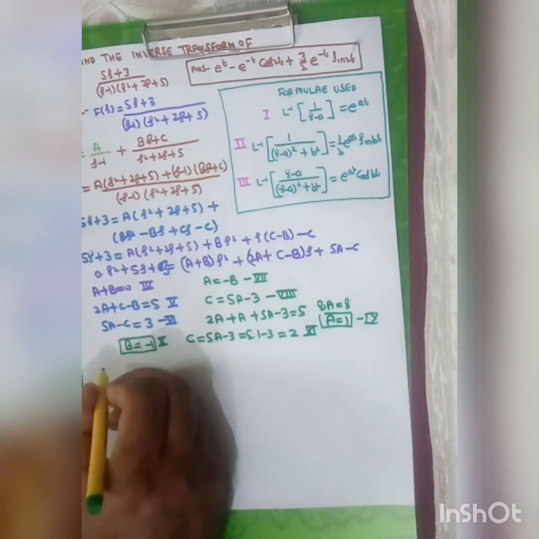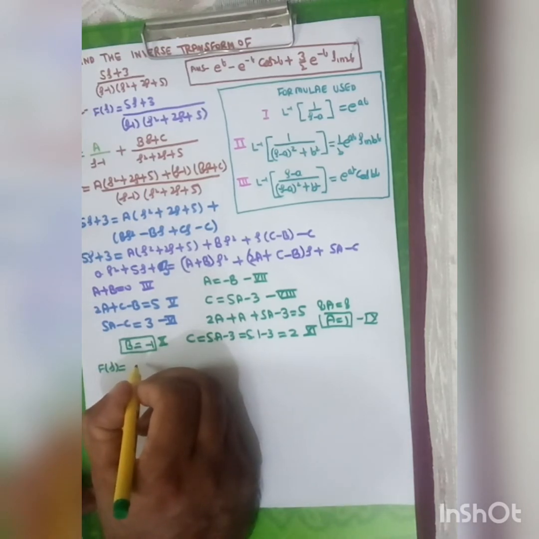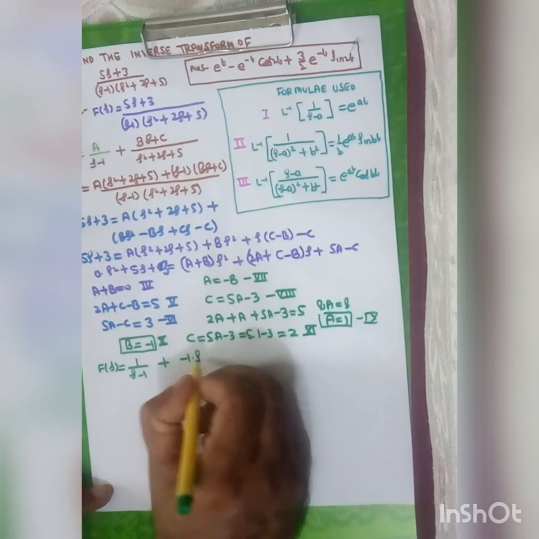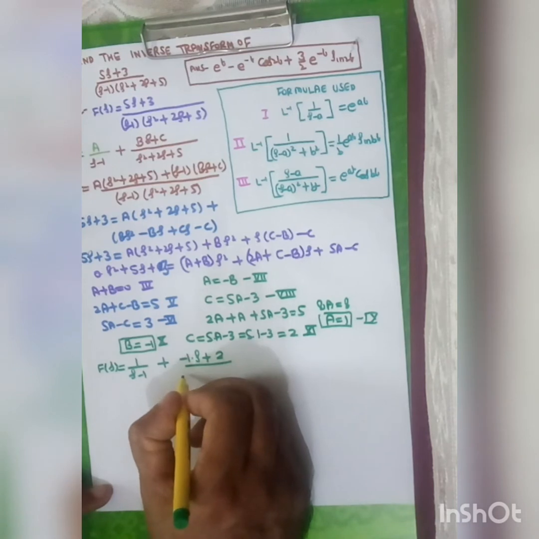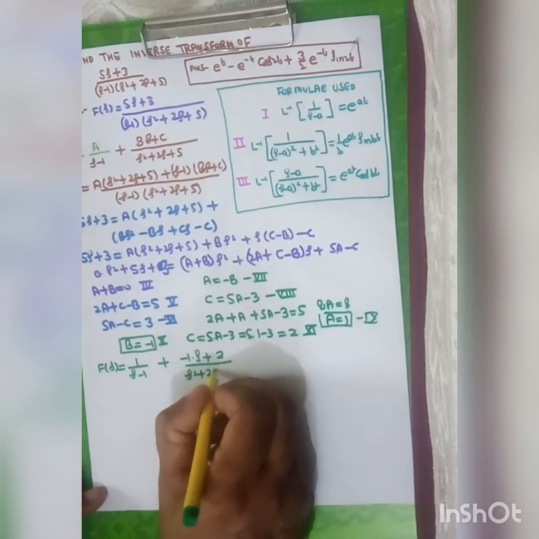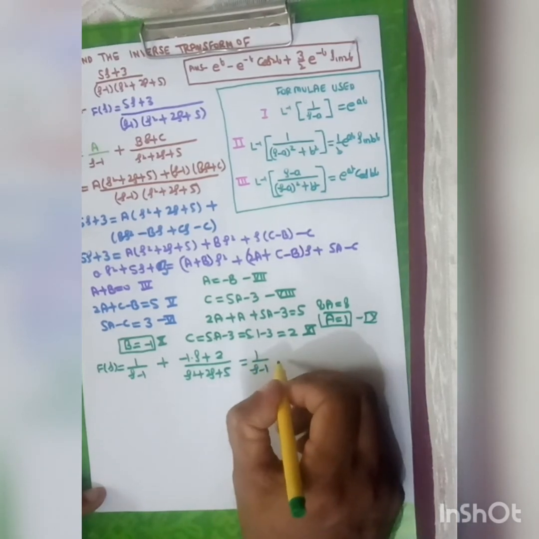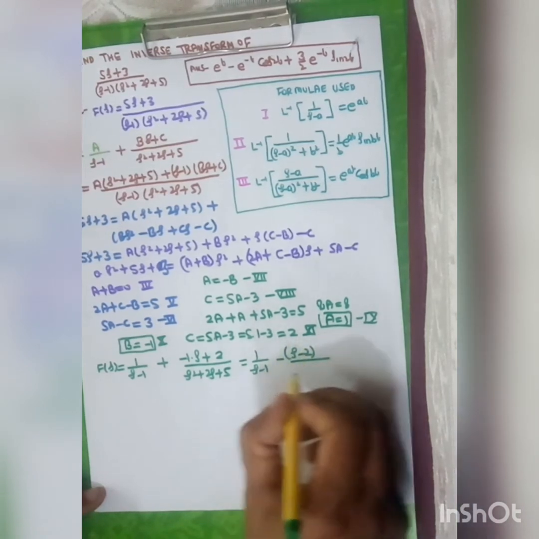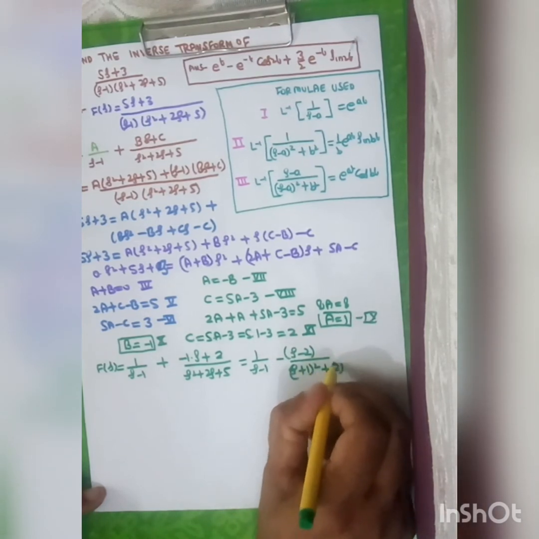So the given function can be written as F(s) is equal to 1 divided by s - 1 plus (-1 multiplied by s + 2) divided by s square + 2s + 5. So we can write it as 1 upon s - 1 minus (s - 2) divided by (s + 1) whole square plus 2 square.